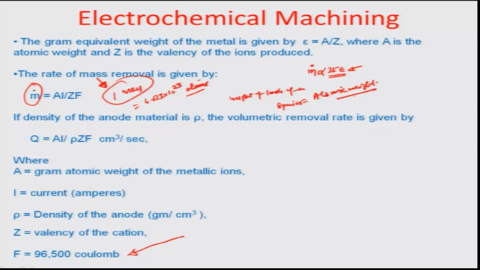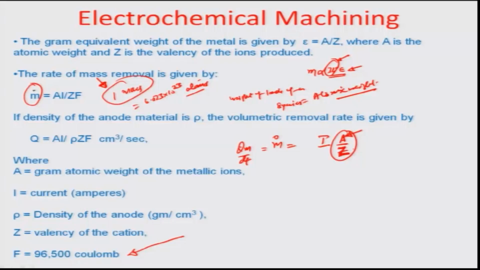So, here also, in a similar manner, the m dot, or the rate of removal of mass, obviously depends on I, the current, which is the rate at which charge is transported. We do not have the current-time product anymore, but the m dot enables this to change into current times the gram equivalent weight, which is a function of the atomic weight, that is, the mass of 1 mole of atoms of a particular species, divided by the valency.